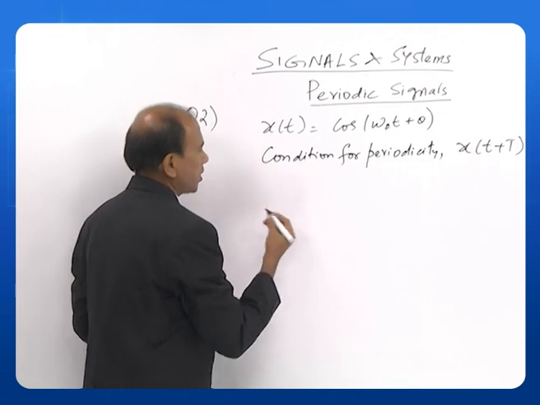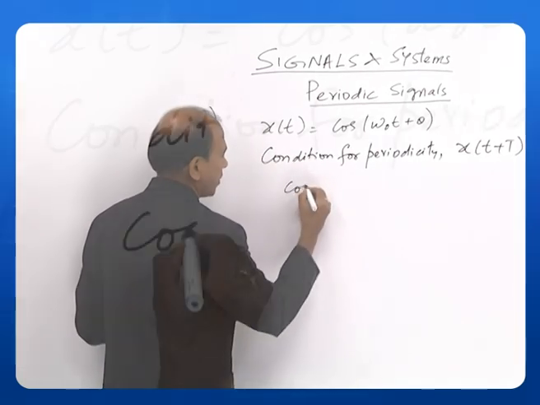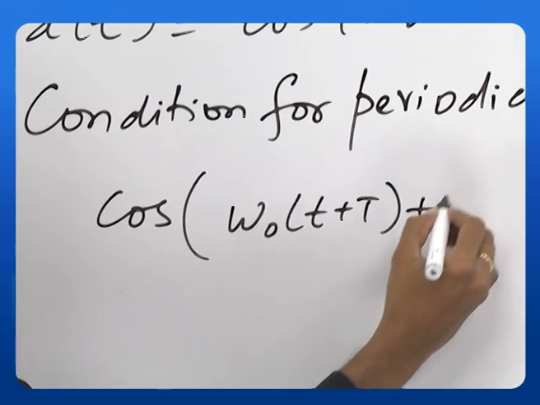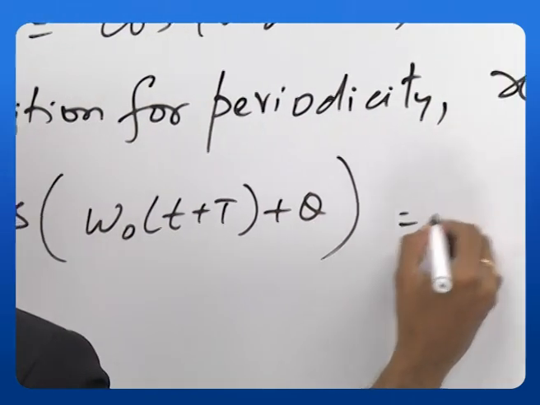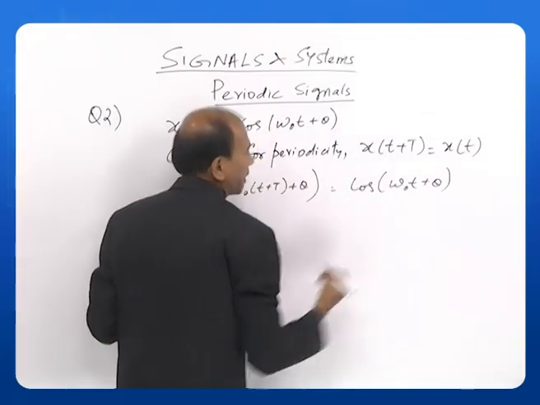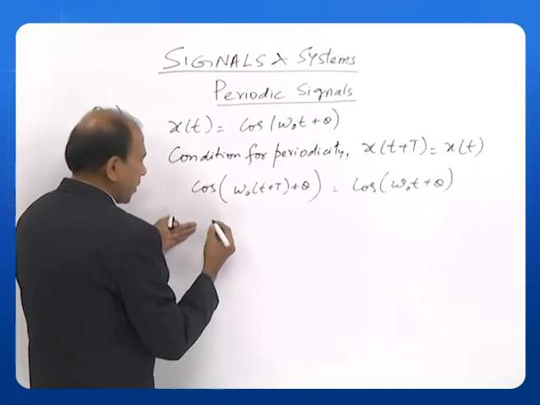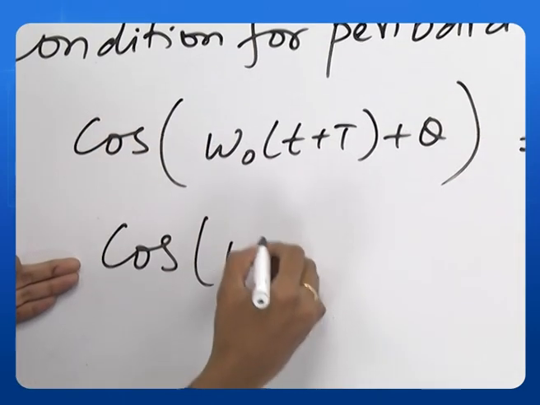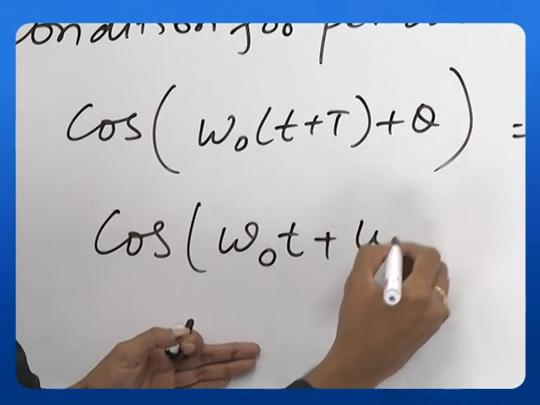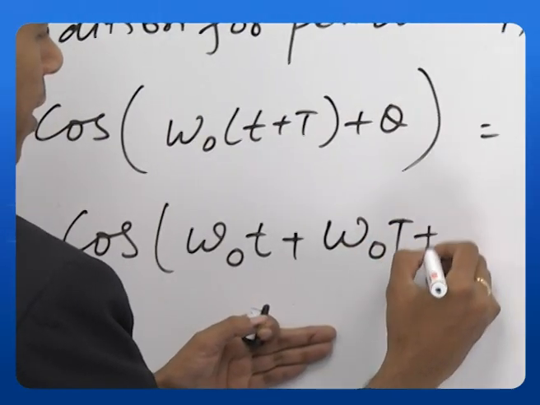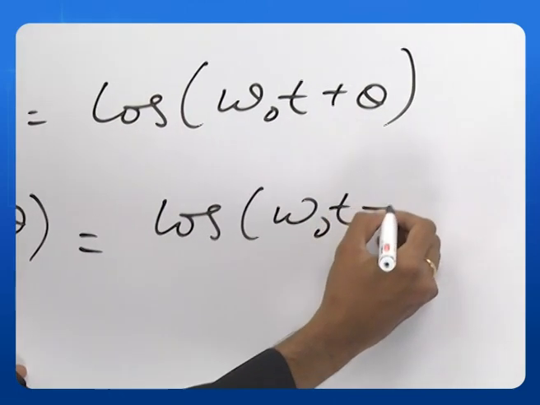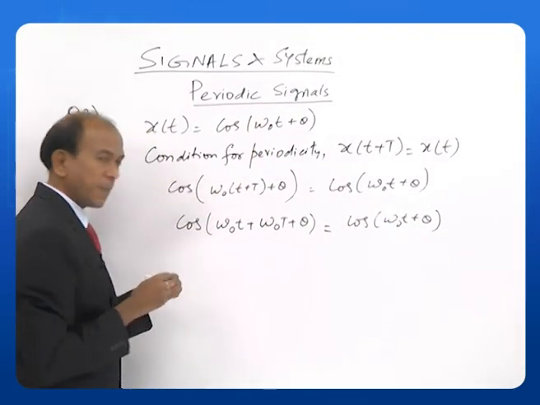So, for us, x of t plus T is cos of omega naught into t plus T plus theta, and the whole thing must be equal to cos of omega naught t plus theta. So, expanding this, what will I get? Cos of omega naught t plus omega naught capital T, plus theta, is equal to cos of omega naught t plus theta. Okay.